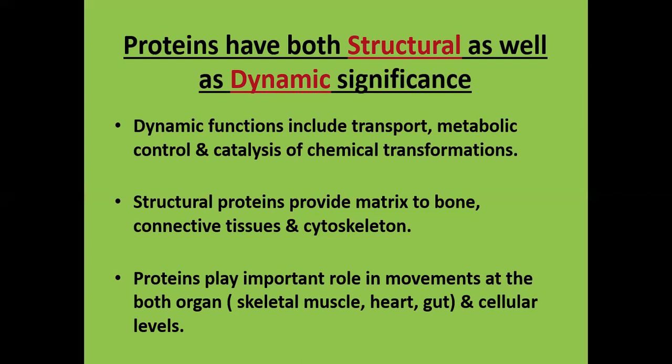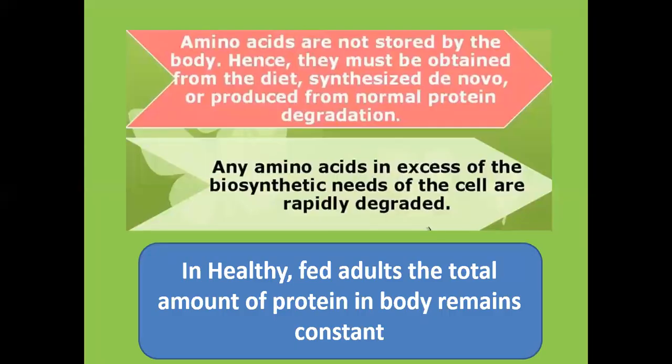Now, in this context, amino acids, as we explained, are not stored in the body. Hence, they must be obtained from the diet, or they are synthesized de novo, or they are produced from normal protein degradation.